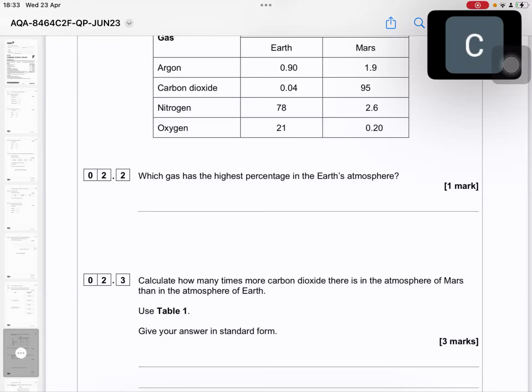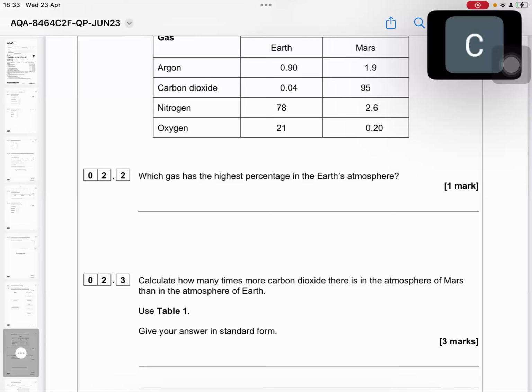It says you should give your answer in standard form. So can you turn that to standard form? Are you really good with standard form? Yeah. So what would this answer be in standard form? 2.375 times 10 cubed. 10 raised to power what?